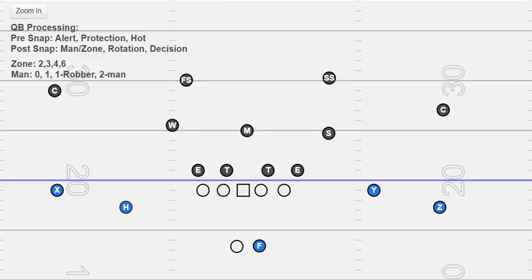Okay. Three deep. Cover four is simply four deep. So in cover four, we're looking for those safeties to go straight back. And here they go straight back into their quarter of the field. When the safeties stay narrow like this, it tells us that the corners have deep responsibility. Now, just because they have deep responsibility doesn't mean they're going to line up deep. A lot of times these guys will get inside or they'll press and they'll bail, right?